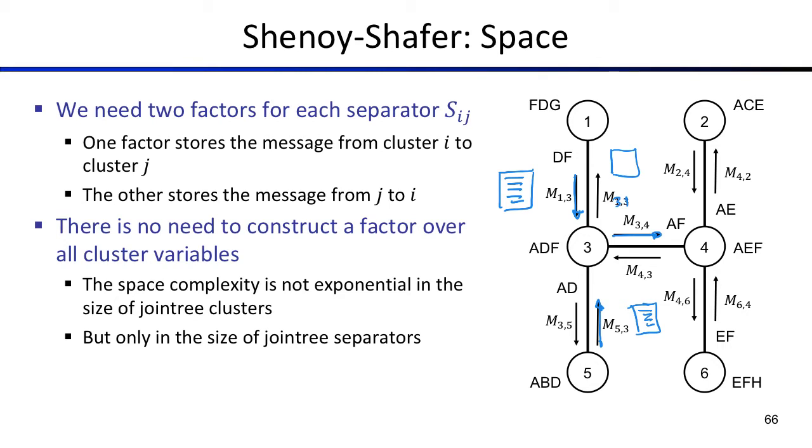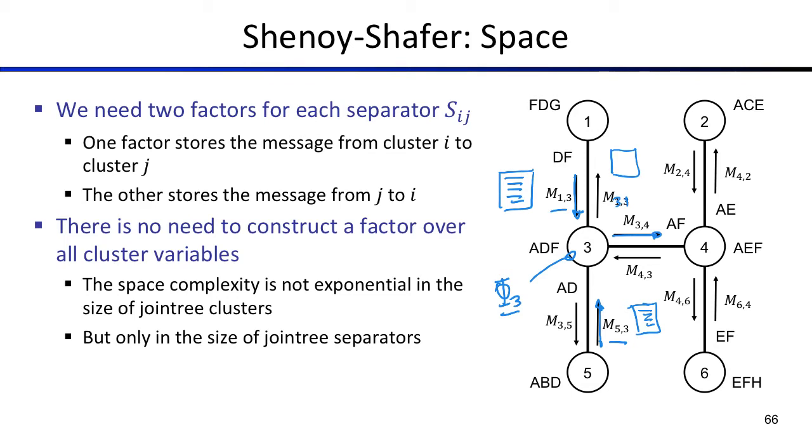It's interesting to note that the Shenoy-Shafer architecture does not store anything in the cluster. It just stores the factors that we have before, but it doesn't store any computations. So here we'll have just the factor, the big phi 3, that's the multiplication of the factors that I put here with the evidence indicators. I will take this phi 3 and multiply the message from 5 and the message from 1, and I will eliminate the variables that are not in the separator.